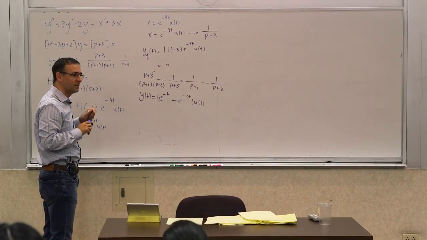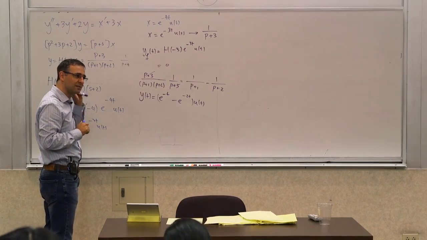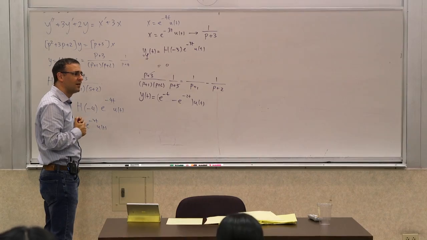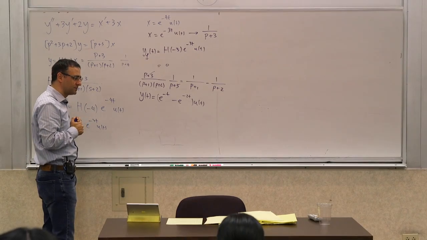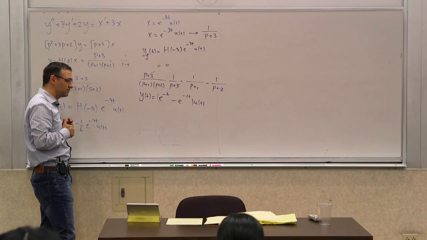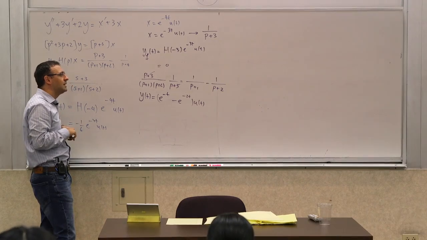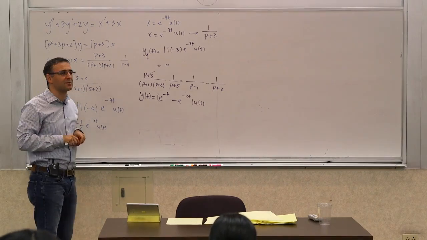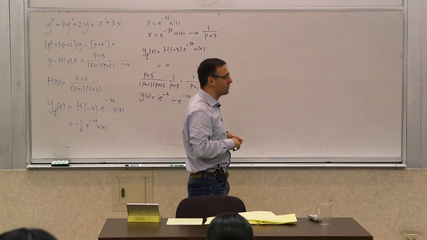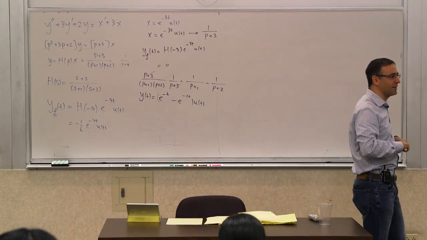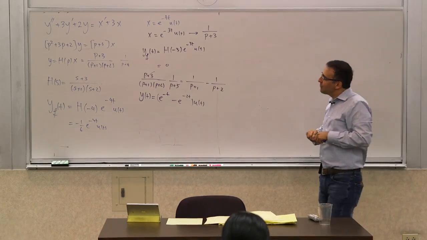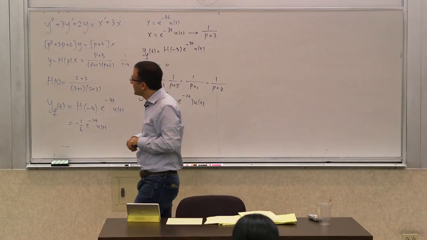Yes? From a problem-solving standpoint, would it be better to find the zero first, and then just add on the forced response, since we have the function now? So the question is, from a problem-solving standpoint, would it be better to find the zero and then do the add-on? This is more of a conceptual thing.